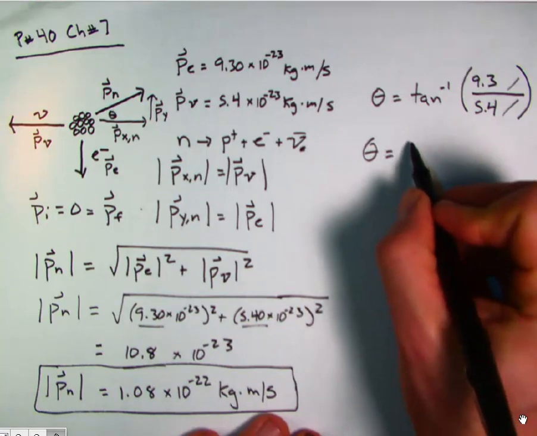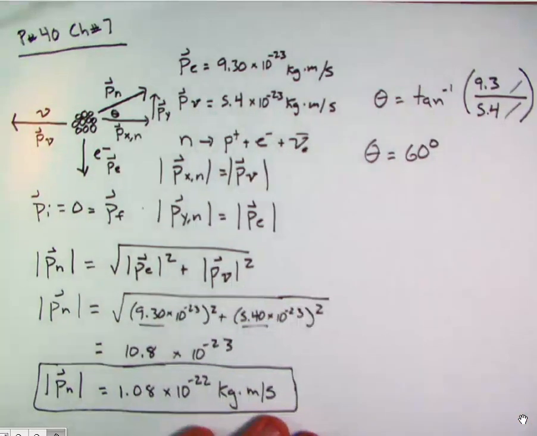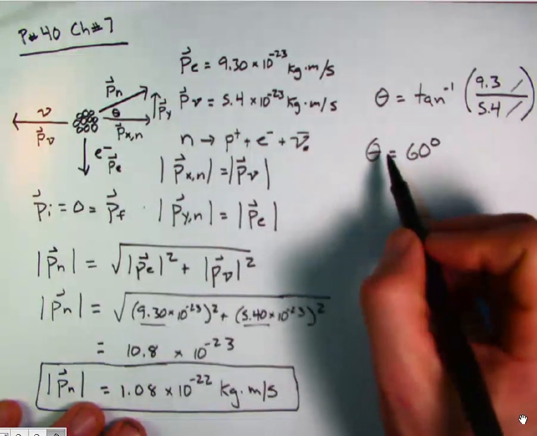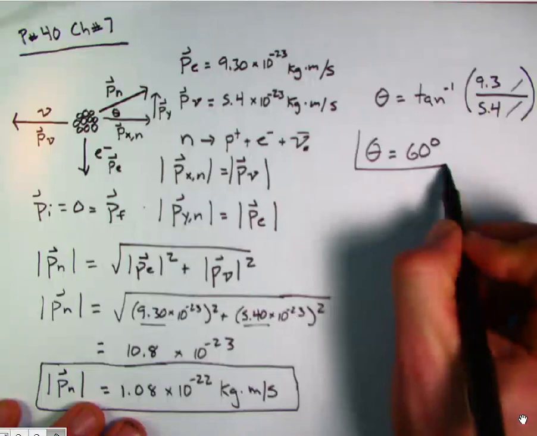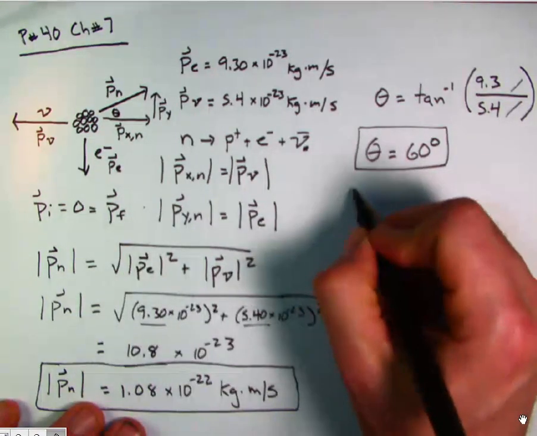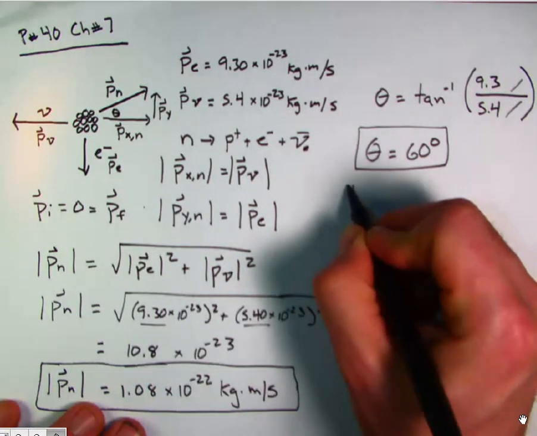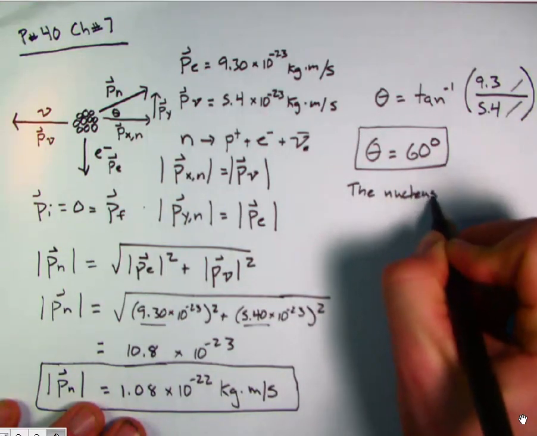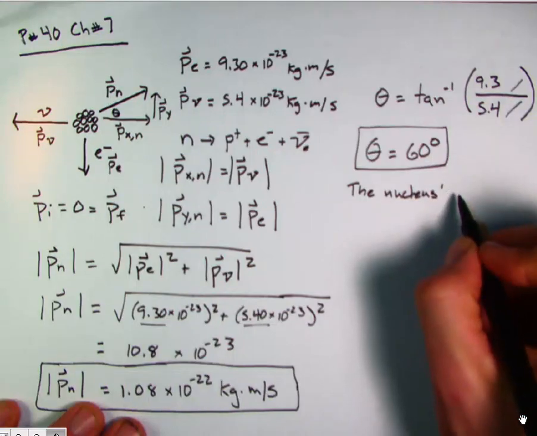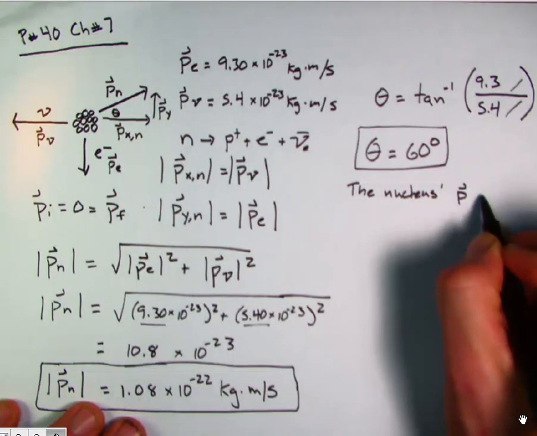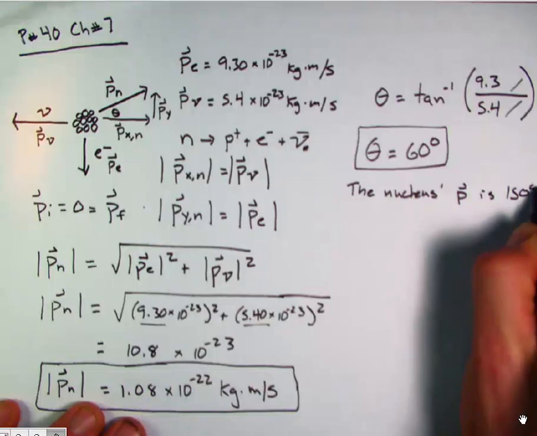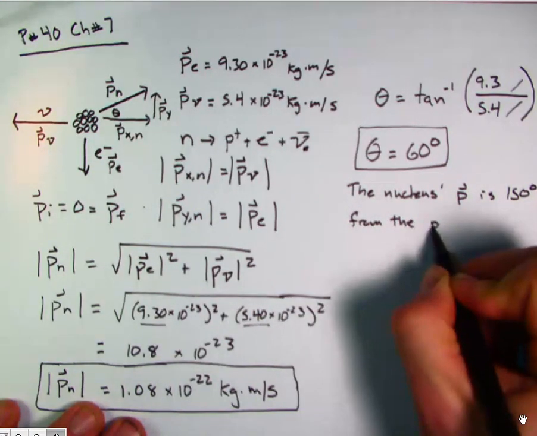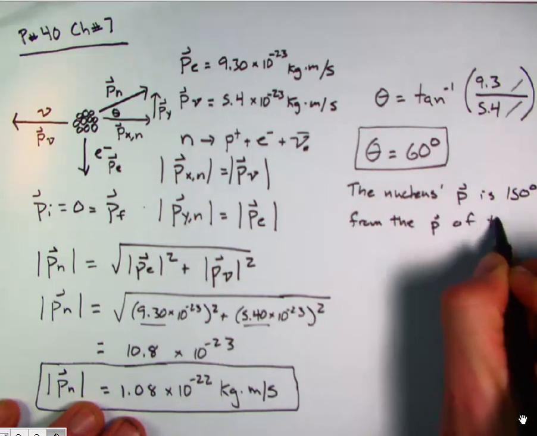So if you type that in your calculator, theta is 59.95, or 60 degrees. Now, if you look up the answer in the back of the book, it says the nucleus's momentum is 150 degrees from the momentum of the electron.